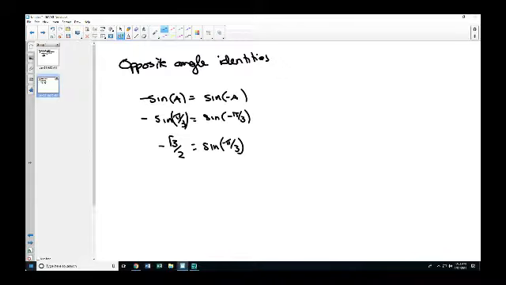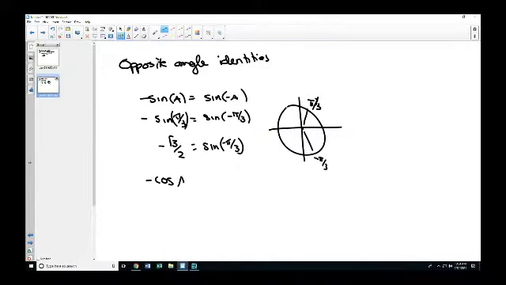Yeah, that's what you're doing, you're flipping it over the x-axis actually. So if you think about it graphically, negative root 3 over 2 is here. Positive root 3 over 2 is here. So the sine is only different by a negative.